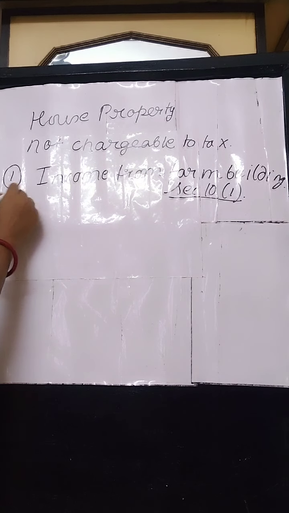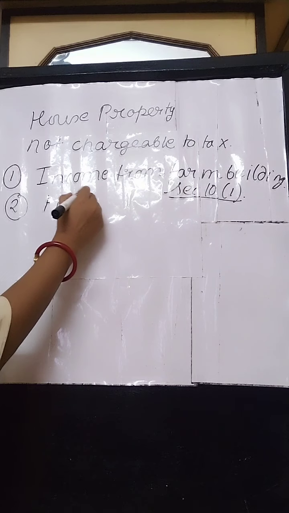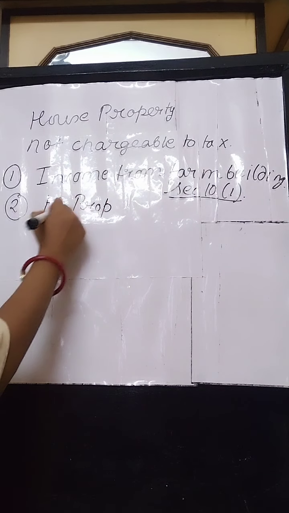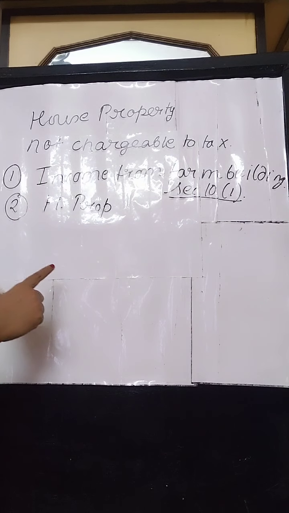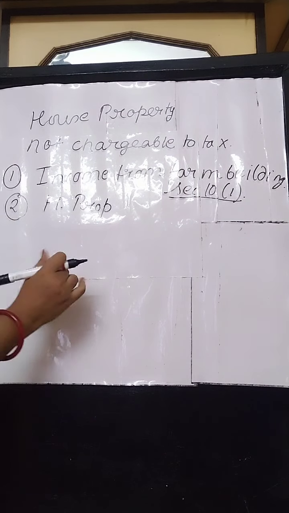Now we come to number 2. The next one is house property income of a local authority. I am using short form here for shortage of space, but please don't write short form in your answer.